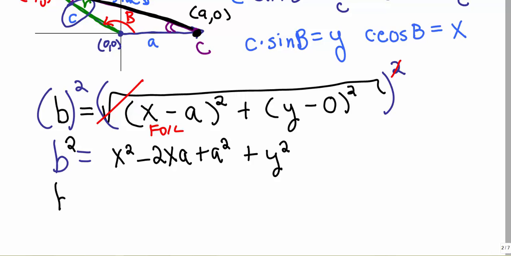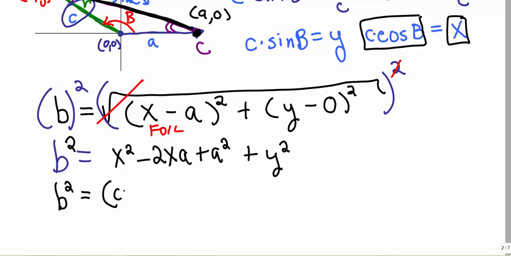Now we're going to make it look a little bit more interesting. We're going to take the definitions for x and for y. So over here we defined x to be equal to c times cosine b. So everywhere I have an x, I'm going to put in c times cosine of angle b. And that's x squared.